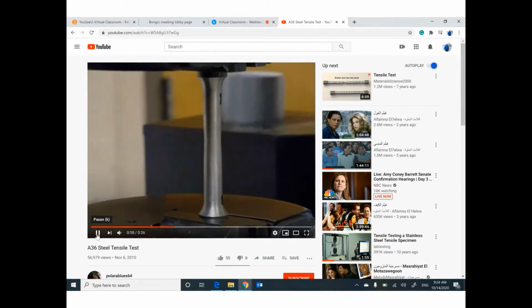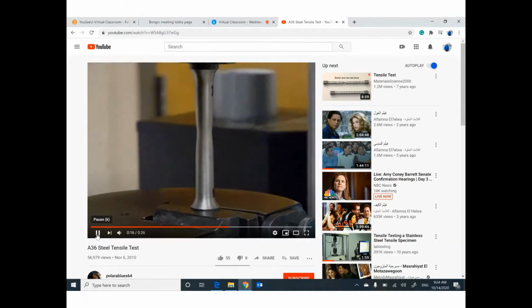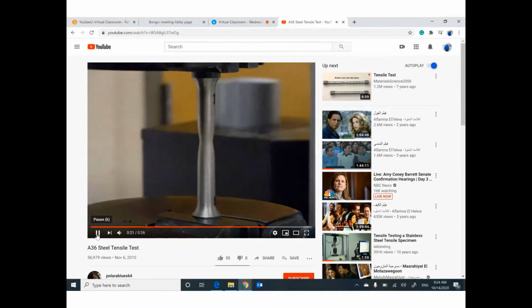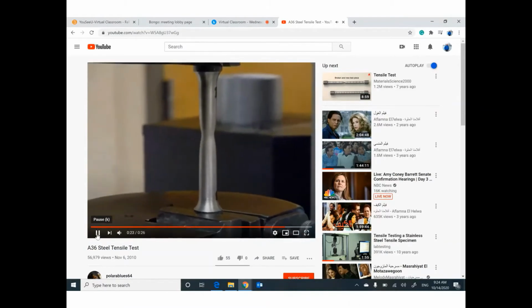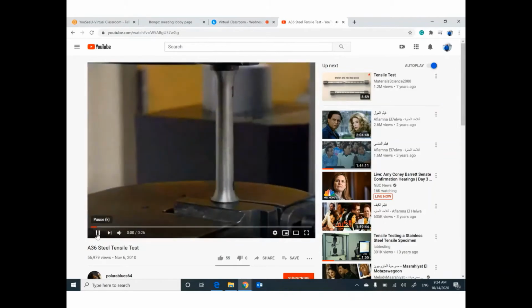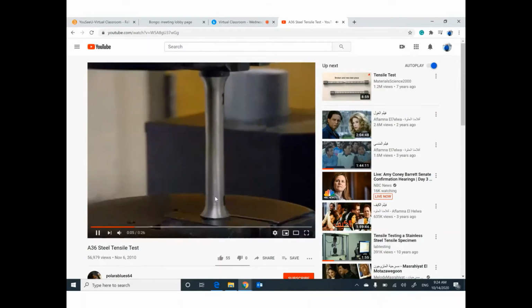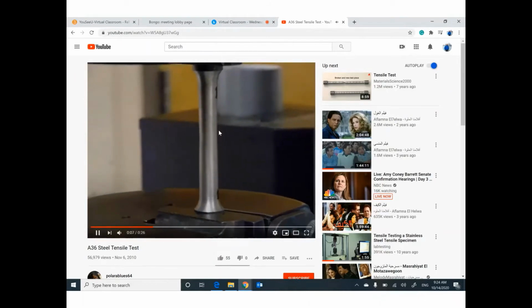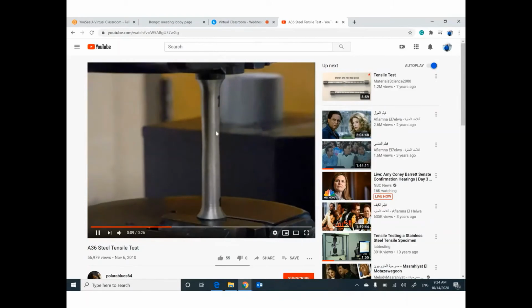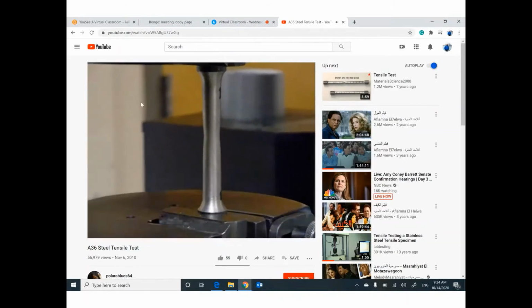Can you watch what's going on with the member? So this member is under tension, pulling up and pulling down the member. So we have fracture happen to this member. One more time.